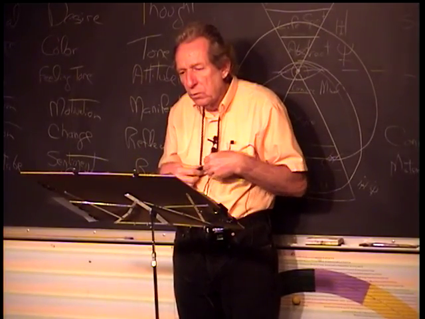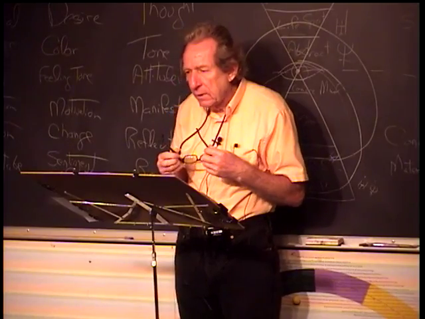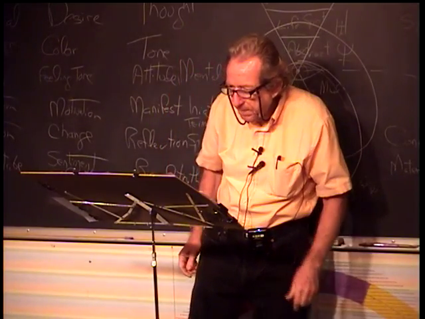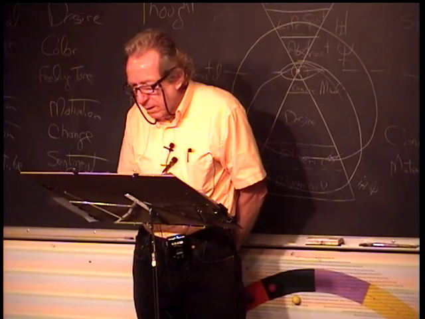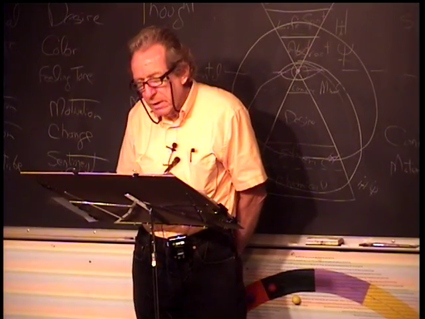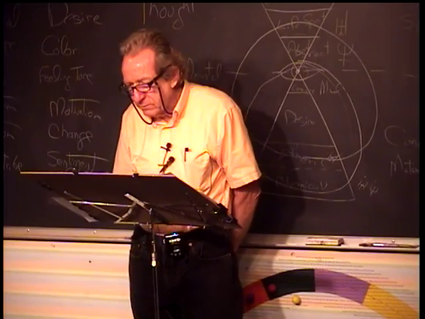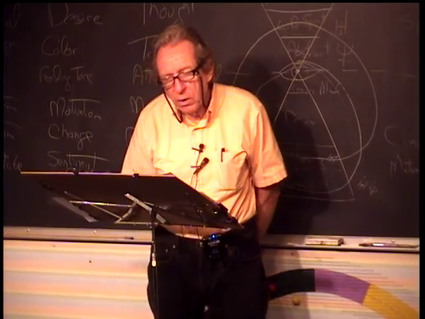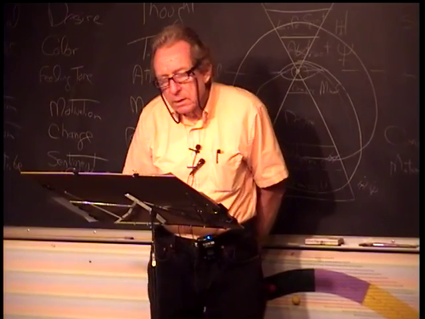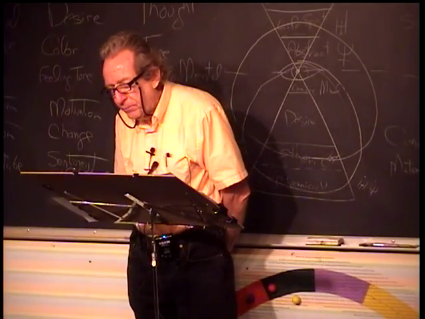Now what we want to do is call back everything that we did last time we met. We want to look at the solar aspects, because the sun is the sense of self. The sun has as its strongest aspect the conjunction to Mercury.